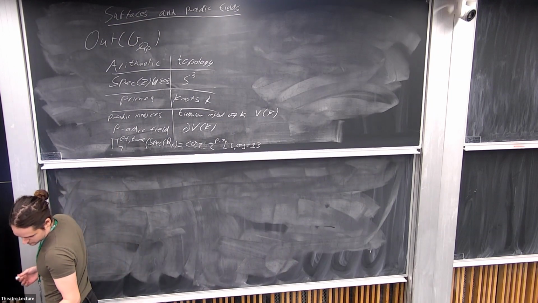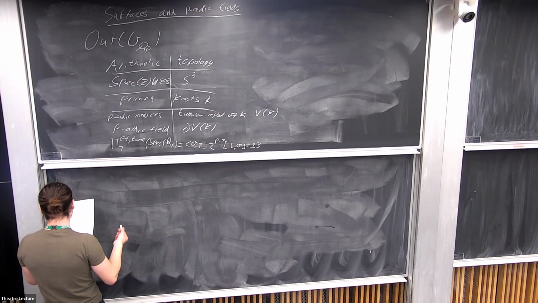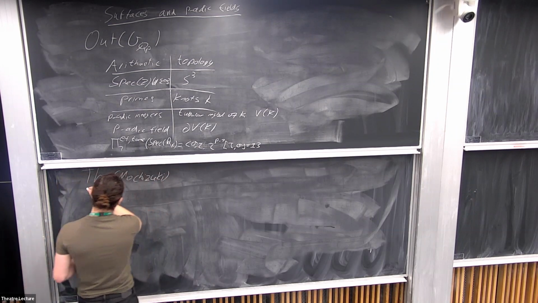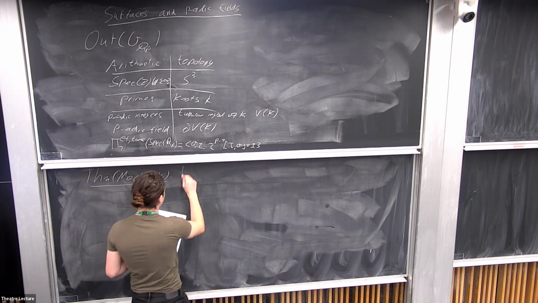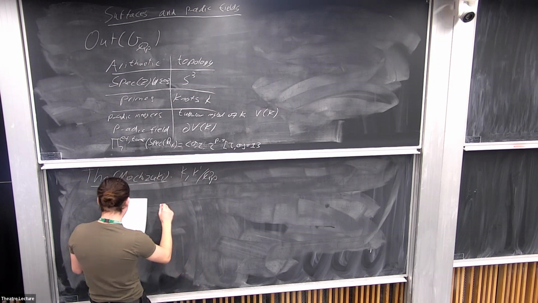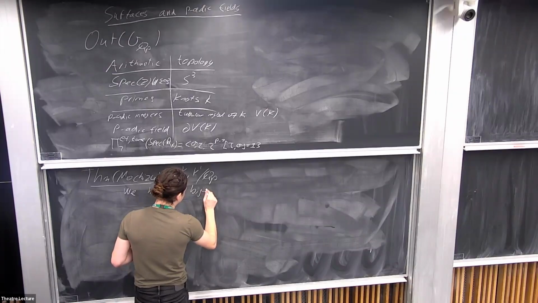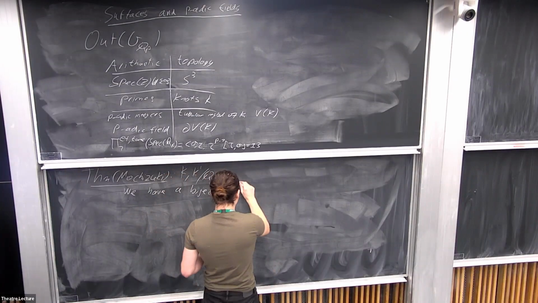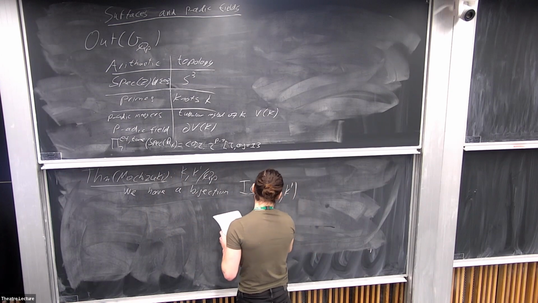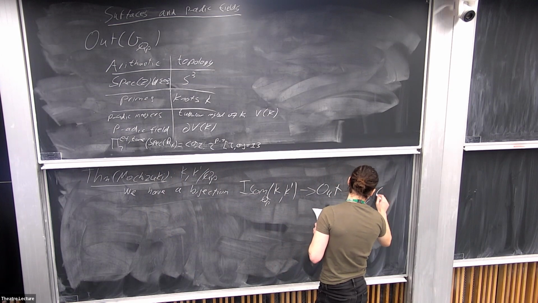So this theorem of Mochizuki tells us that if I have two p-adic fields, some finite extensions of Q_p, then we have the following bijection between the isomorphisms of the fields and the outer isomorphisms between the two absolute Galois groups.